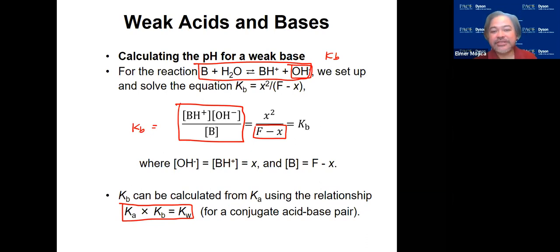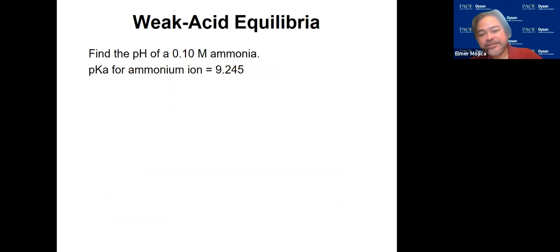I don't know if you still remember that. Okay, but I have a sample here on how you're going to calculate the pH of a weak base. We had an example of a weak acid; we also have a weak base.